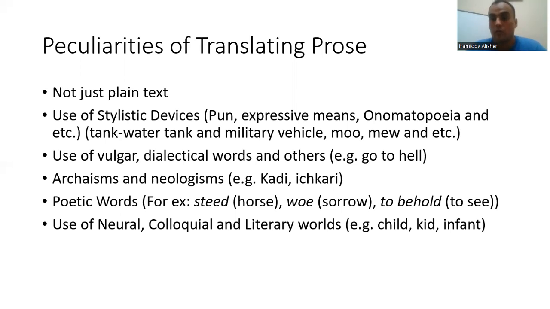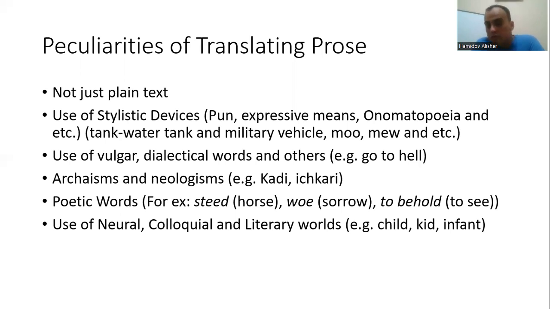These are onomatopoeic words. And besides that, prose can contain vulgar words, dialectical words, and others in order to show a person's social origin, and to show where he belongs.